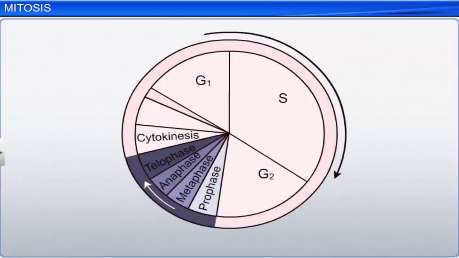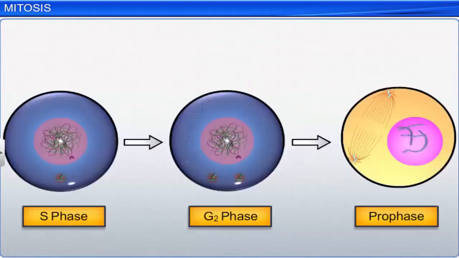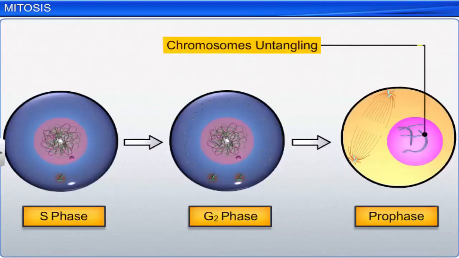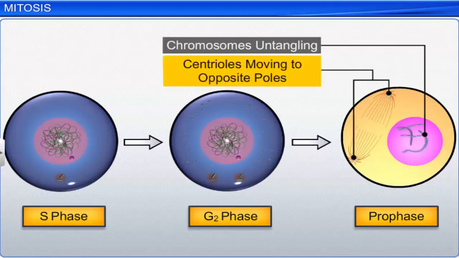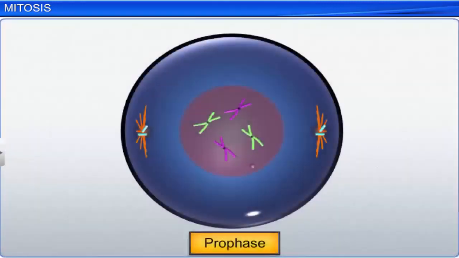However, during prophase, chromatin condensation or the untangling of the chromosomal material takes place, and the centriole that had duplicated during the S phase starts to move towards the opposite poles of the cell. Certain characteristic events mark the completion of prophase.